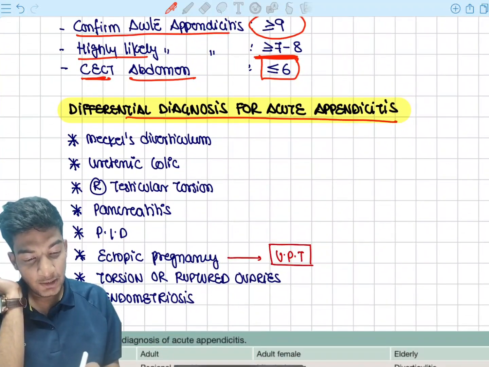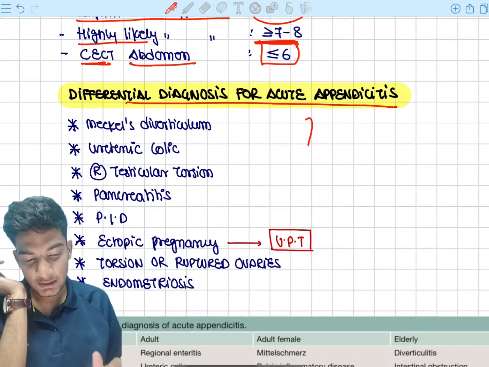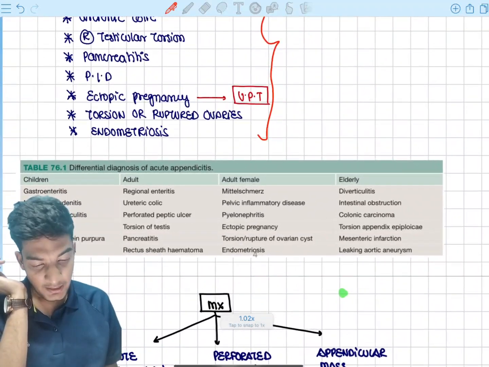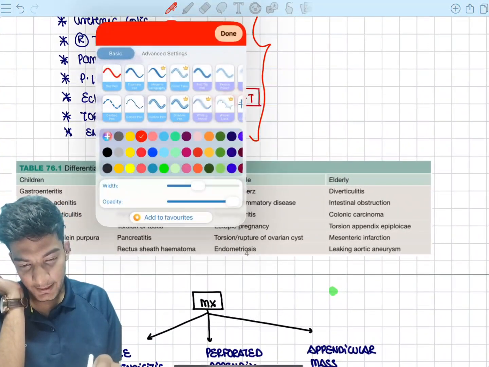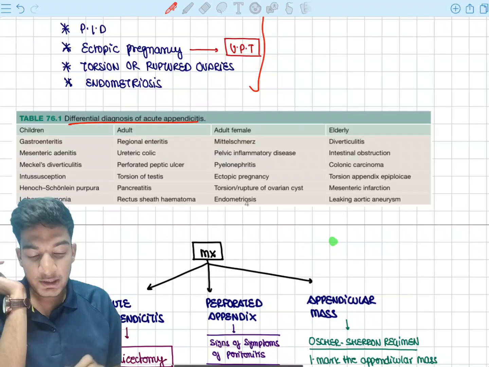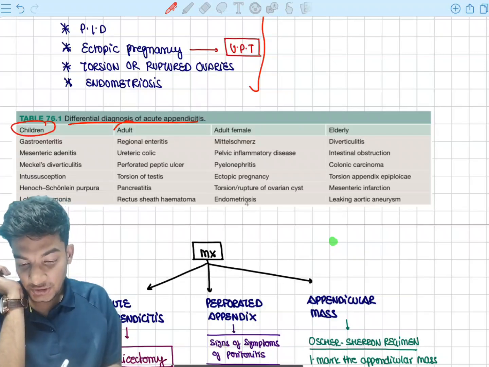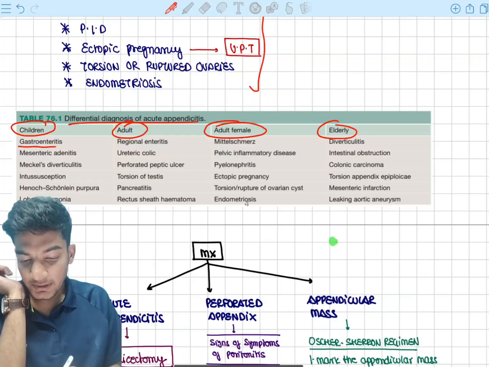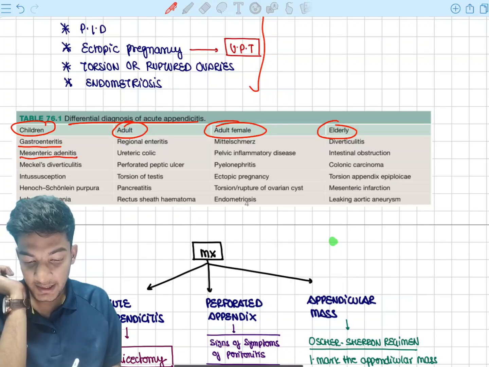Now, differential diagnosis for acute appendicitis. Better than this, for the written part we will directly jump onto the Bailey's table. Okay, so here we go. Differential diagnosis for acute appendicitis for children, adult, adult female, and elderly. For children, the most common is, no sorry, mesenteric adenitis.